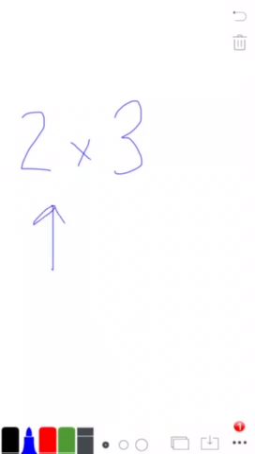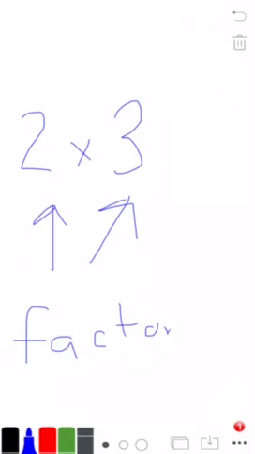So the first thing that I want to do is review the parts of a multiplication problem. The numbers that you are multiplying, so in this case my 2 and my 3, let me fix that. The numbers that you are multiplying, those are your factors.